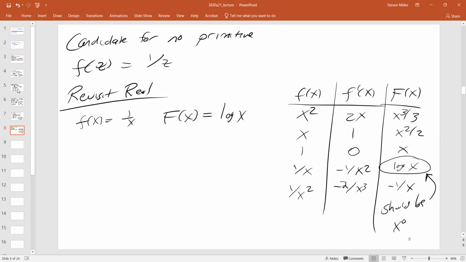Okay. So any questions about this? Yes. Right, yes. So if your function has a primitive, then that means the primitive is differentiable. And we're going to learn that once you're differentiable once, you're differentiable infinitely often.